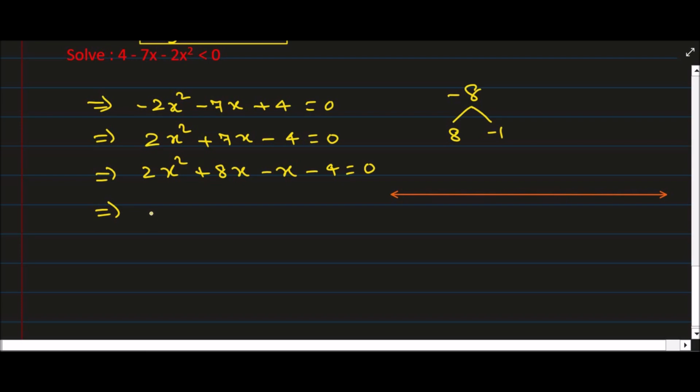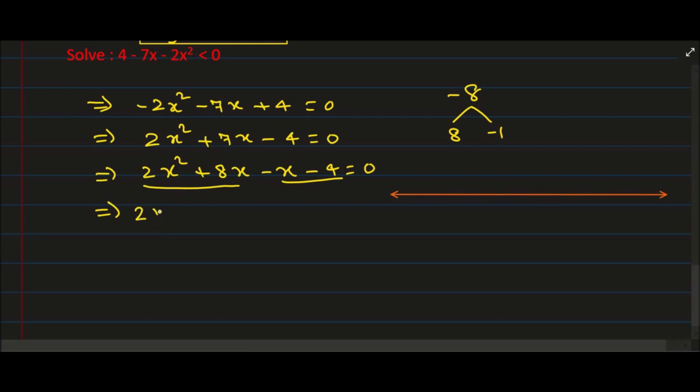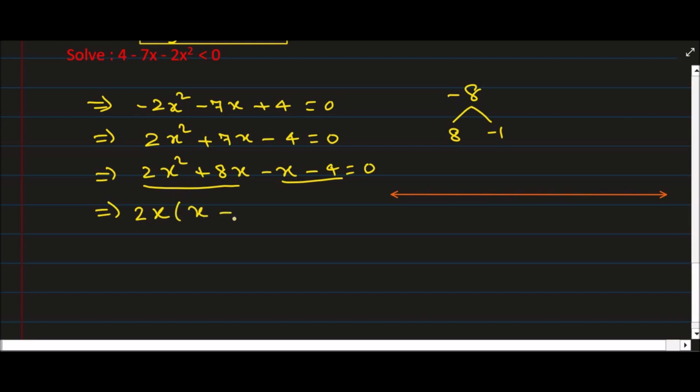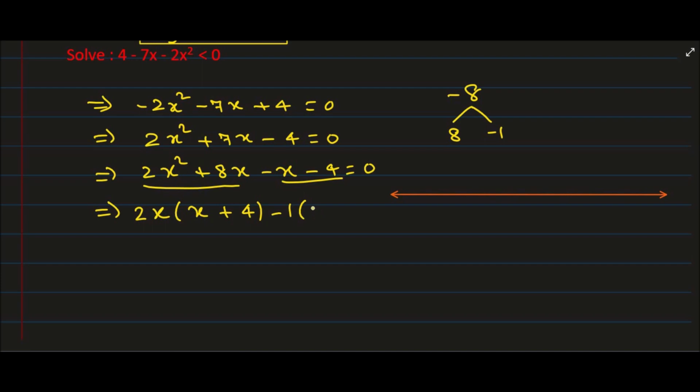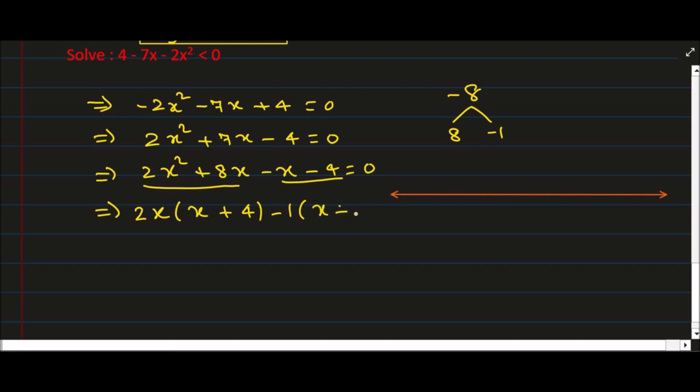Now in 2x square plus 8x, the first two terms, we take the common factor 2x. So we get 2x times x plus 4. Now in minus x minus 4 nothing is common, so we will take minus 1 as the common factor, and the bracket part will be x plus 4, equal to 0.